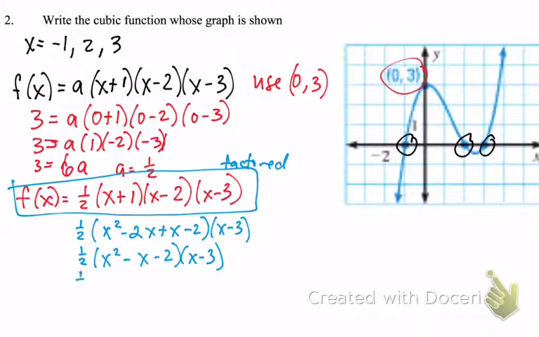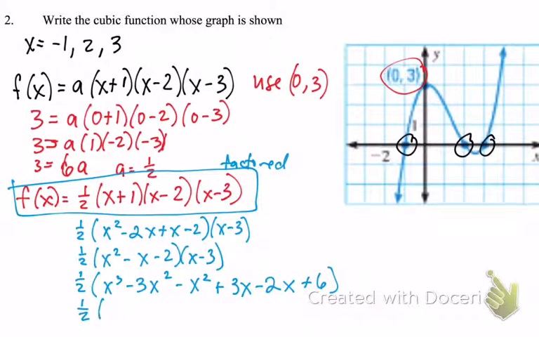I'm going to distribute again. x cubed minus 3x squared minus x squared plus 3x minus 2x plus 6, which is x cubed minus 4x squared plus x plus 6. Then lastly, distribute the 1/2.